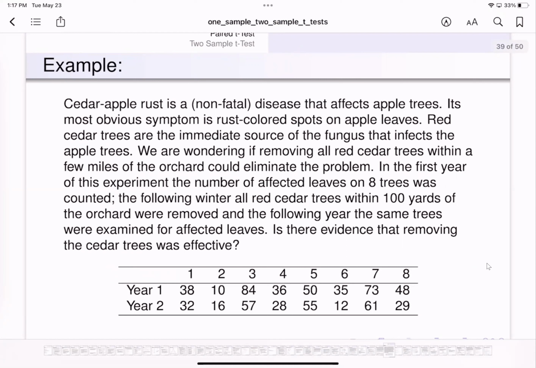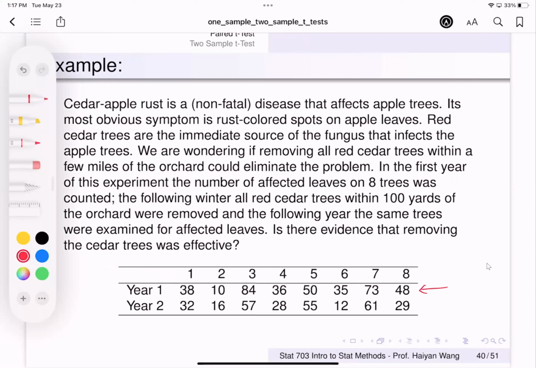In the first year of the experiment, the number of affected leaves on 8 trees was counted, and this first row of the data gives us the number of these rust-colored spots, and the next row gives the number of rust-colored spots after those cedar trees have been removed.